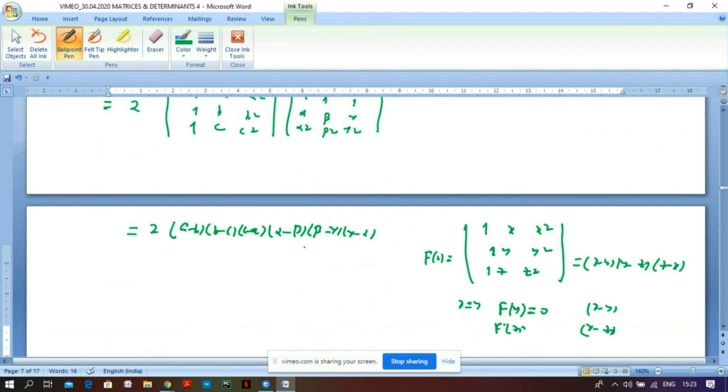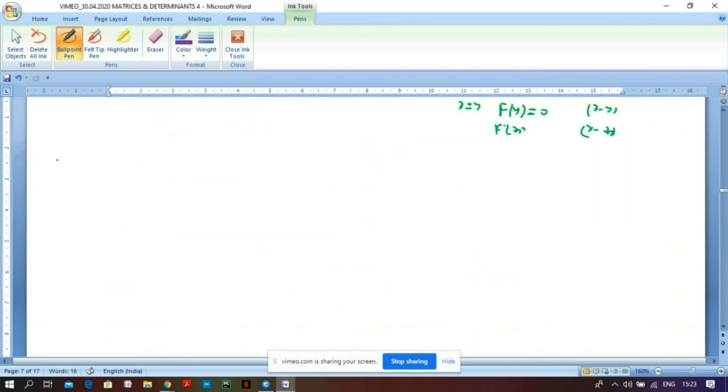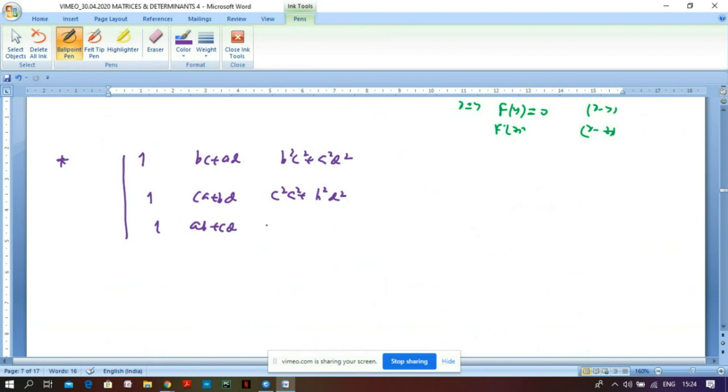Let's do one more, using the same result. So let me change the color and use something different. Now we have to prove that the determinant with rows 1, bc plus ad, b squared c squared plus a squared d squared; 1, ca plus bd, c squared a squared plus b squared d squared; 1, ab plus cd, and a squared b squared plus c squared d squared.